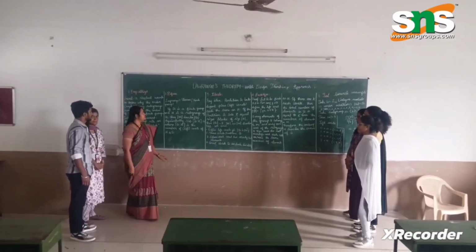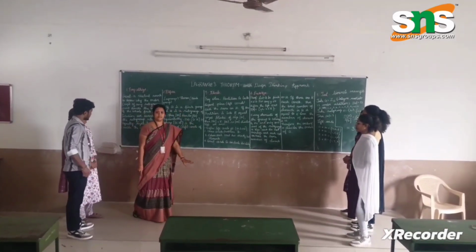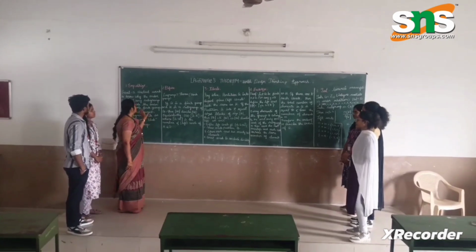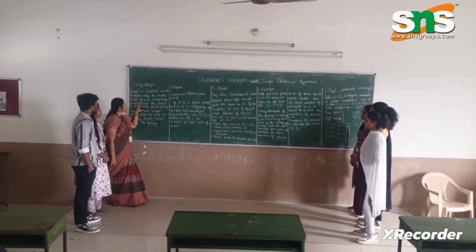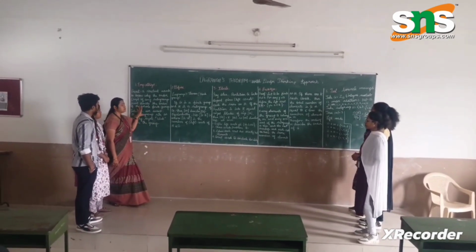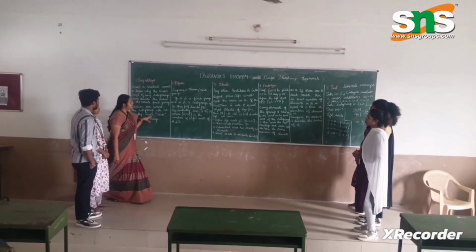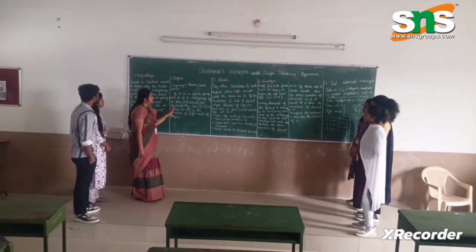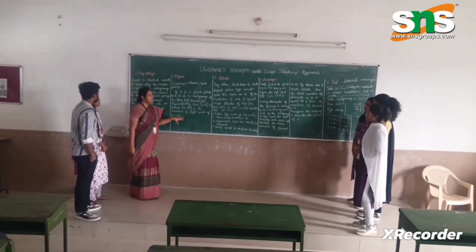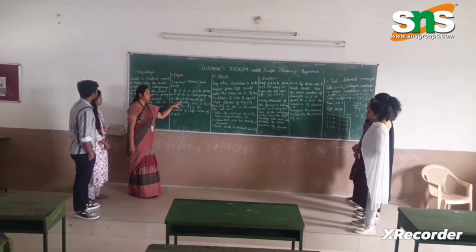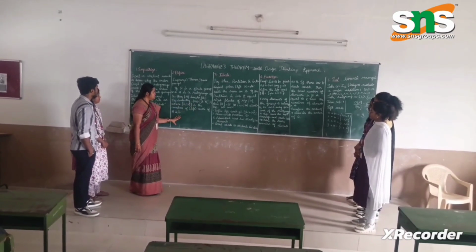Okay, let me conclude this. So here is the overall view of Lagrange's theorem by the design thinking approach. The first stage is empathize. What do we mean by empathize? The whole finite group's order is divided by the order of the subgroup. Define is nothing but stating that if G is a finite group and H is a subgroup, then order of H divides order of G. This is the statement.